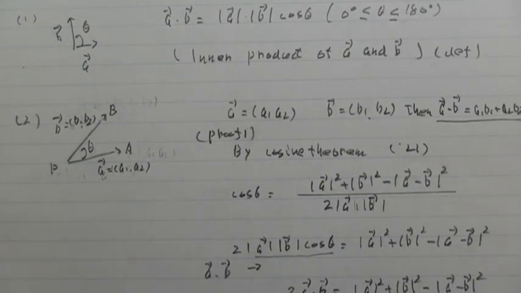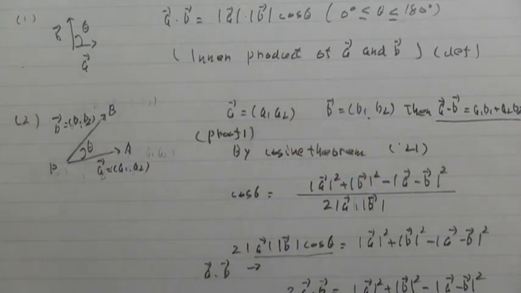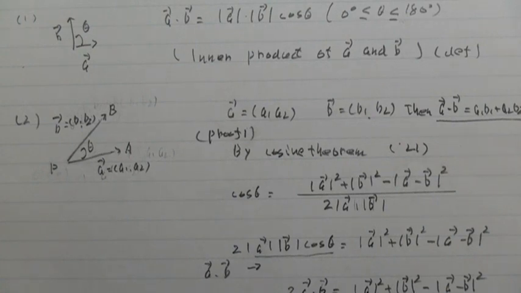Proof. In triangle PAB, by the cosine theorem, cos theta equals |A| squared plus |B| squared minus |A minus B| squared, over 2 times |A| times |B|.